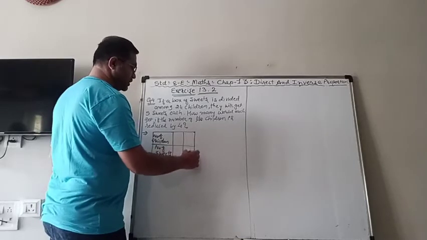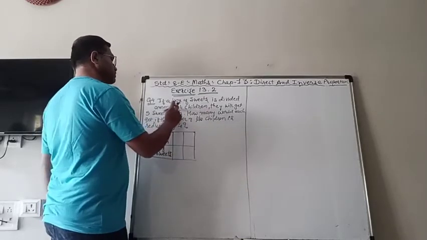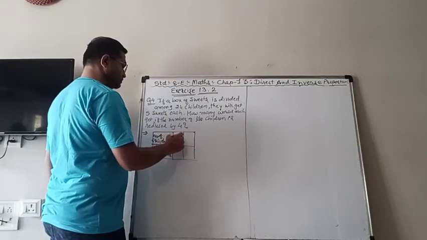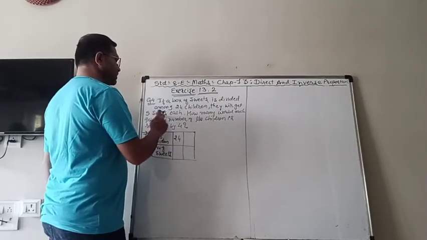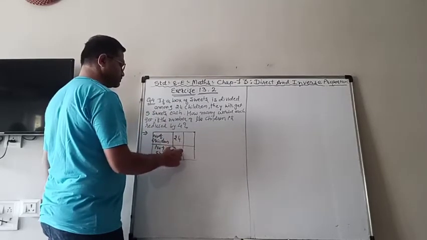Given that if the 24 children are there, each will get 5 sweets.